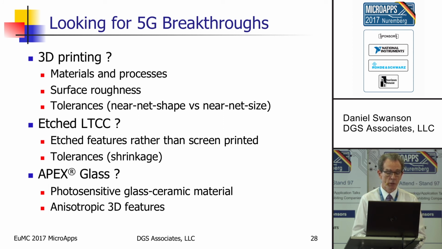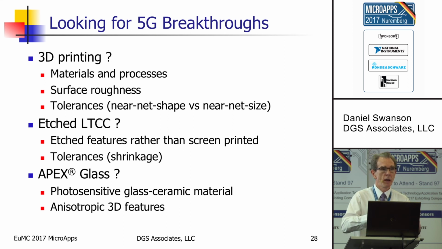Another thing you might want to go look at is this stuff called Apex Glass, and the company is called 3D Glass Solutions. They're in Albuquerque, New Mexico. What this is, it's a composite glass ceramic hybrid material until you expose it to UV light, and the part that gets exposed turns into pure glass.